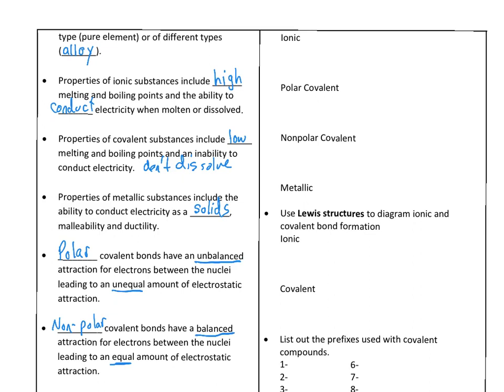And then the last few things here on the right-hand side. So the behavior of the electrons in each of these bonds, well, when I'm talking about an ionic, I have a metal transferring to a nonmetal.